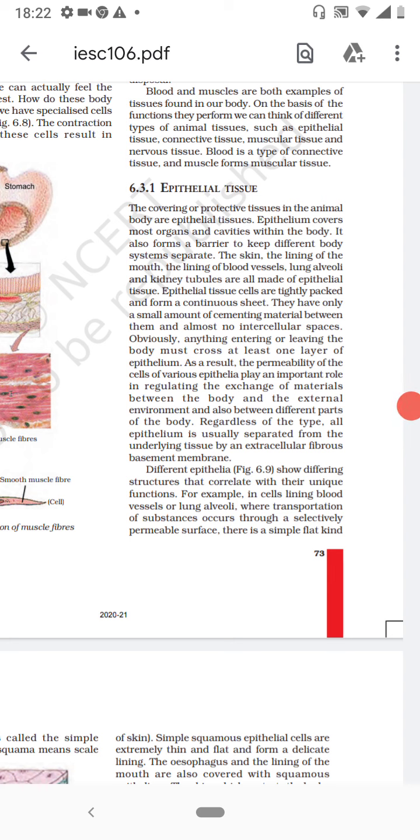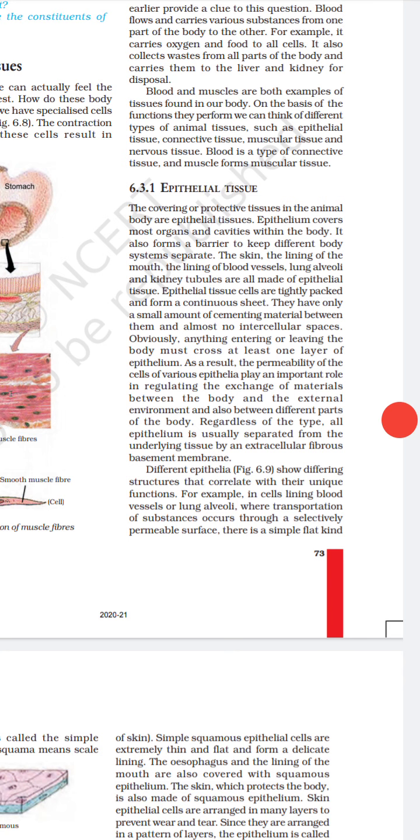Because they have to protect us. They are the outermost layer of our body. There is almost no intercellular space between them. They have a very small amount of cementing material between them. The epithelium is separated from underlying tissue by an extracellular fibrous basement membrane containing collagen.